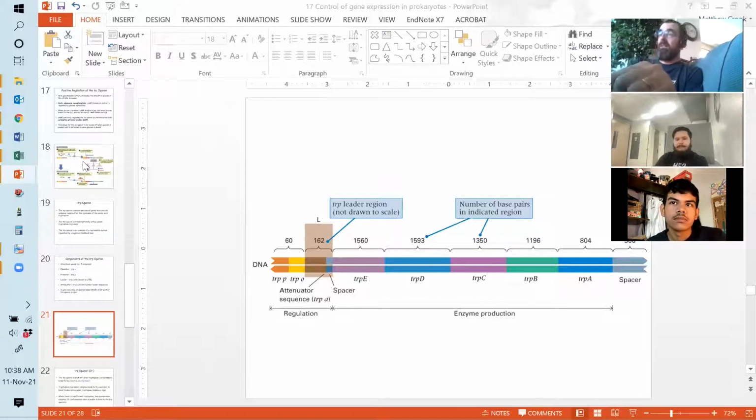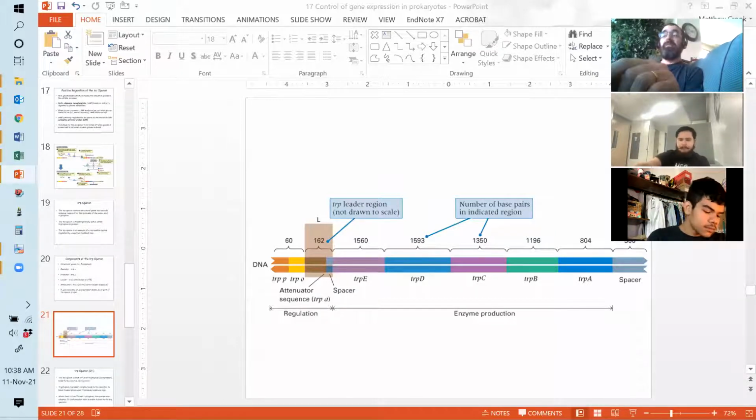So in the lac operon, lacI was the repressor. Now trpR is the apo-repressor of the trp operon. Okay, so far so good.